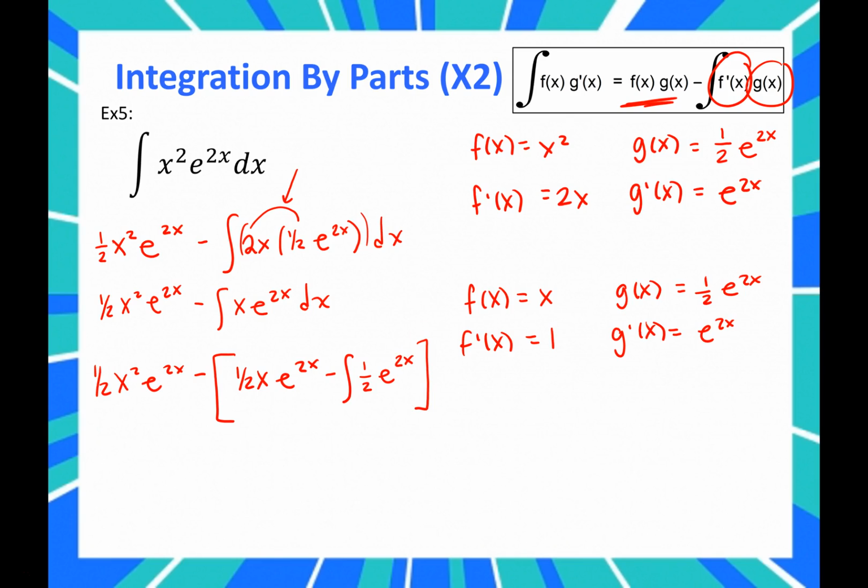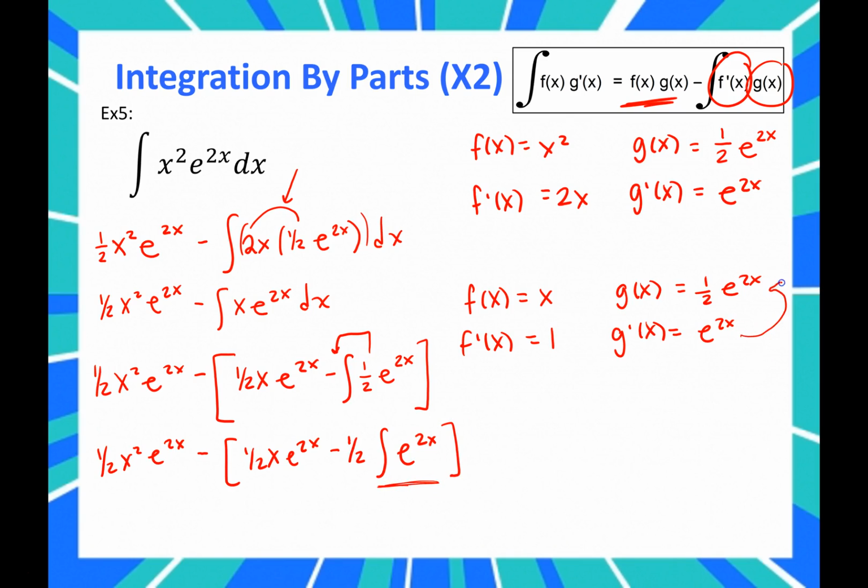Okay, what I'm going to do next is I'm going to pull that 1/2 out in front. So I'm going to take some time to rewrite this. Not changed anything here, except for I'm going to pull this 1/2 out. And now I'm just left with integrating e to the 2x, and we've done that twice already.